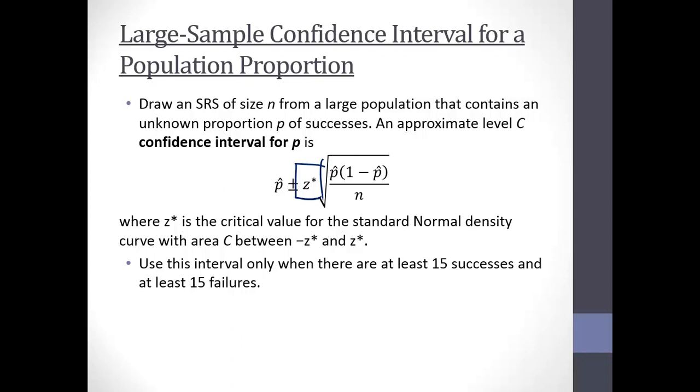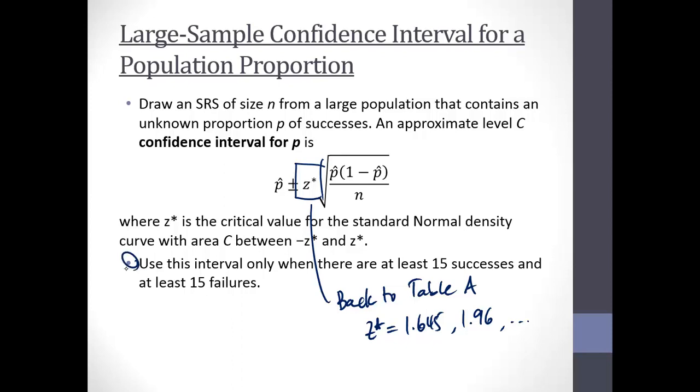We're going to go back to table A, and your z star is going to be things like 1.645, 1.96, whatever your confidence level is. Back to those familiar numbers. And then our little caveat down here is that we want to use this interval only when there are at least 15 successes and at least 15 failures.